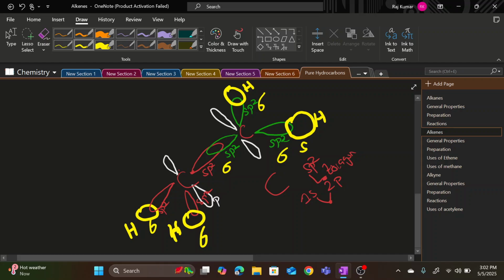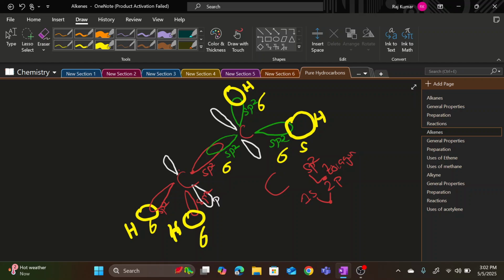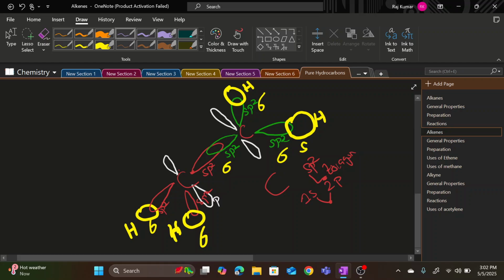The bond which is going to be formed in a parallel manner would be a pi bond, and since it is parallel, it will be a weaker bond.